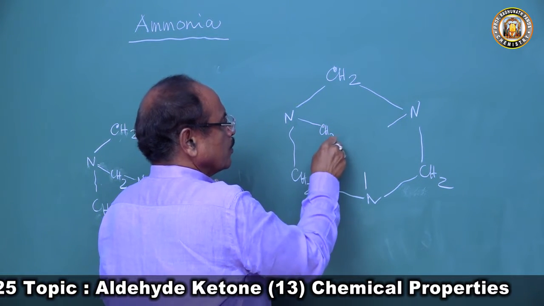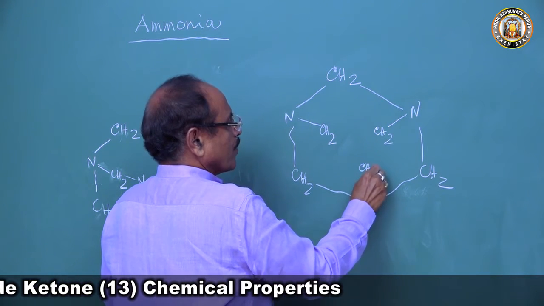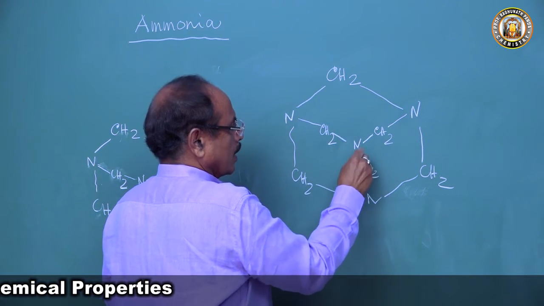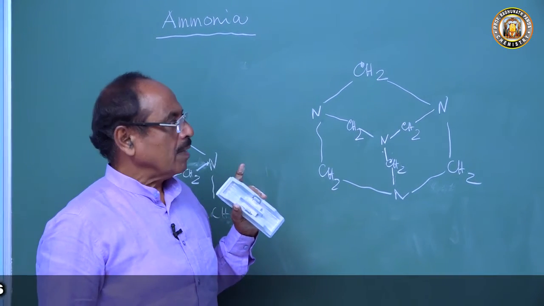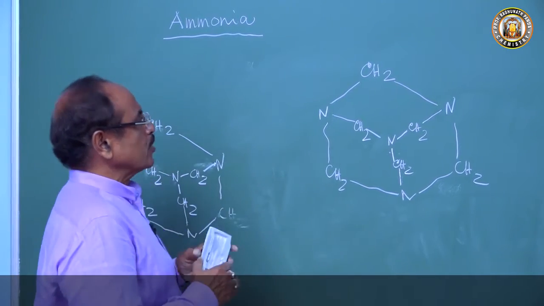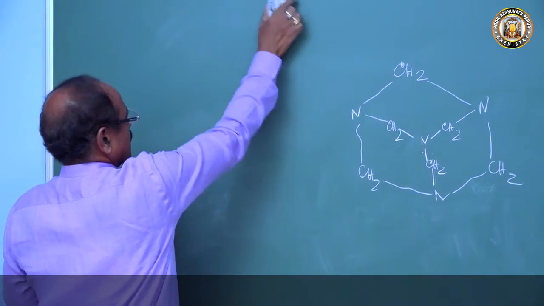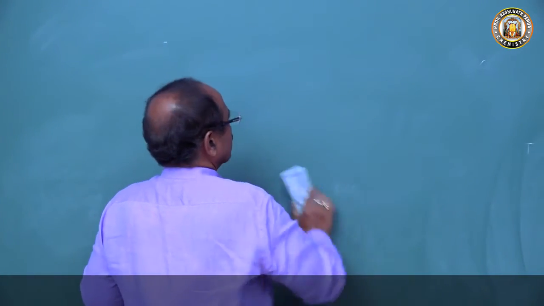Write 1 CH2 here, write 1 CH2 here, write 1 CH2. Then one more nitrogen, write the nitrogen, then write the bonds. Bas. This is erotropin. Hexamethylene tetraamine, called as erotropin, is a starting material for the preparation of medicines in the treatment of urinary tract infection.